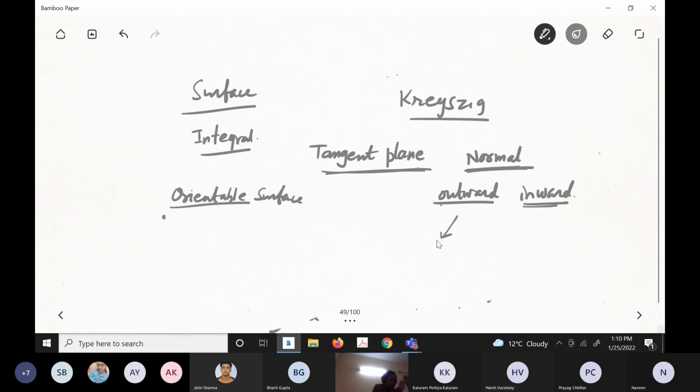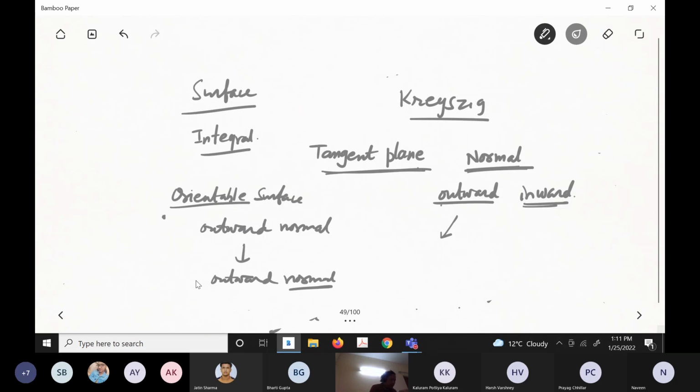Suppose you started with an outward normal and come back to the outward normal again at the initial point. Same normal, same direction. Then we call it an orientable surface.